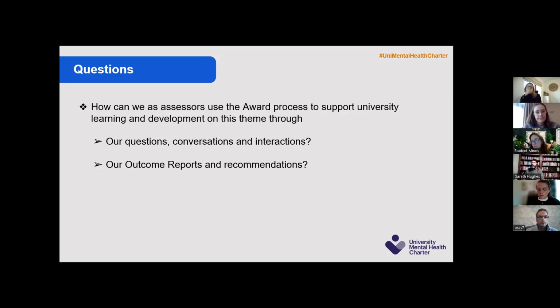Yeah. Hannah. I think one of the things I'd be looking for as well is whether social belonging is thought about or considered when universities are making decisions about other areas of practice.